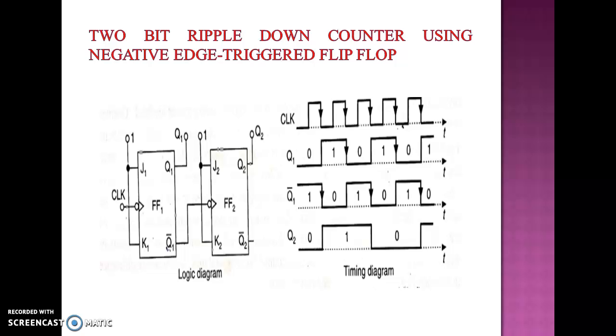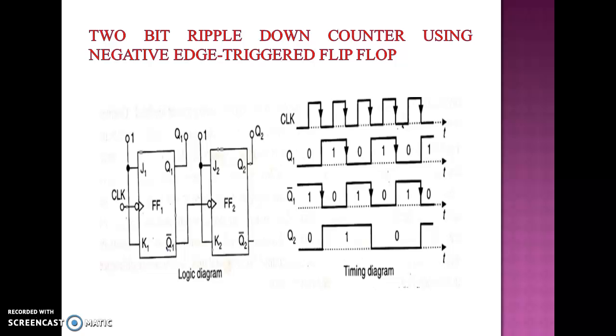The negative going signal at Q1 bar is applied to the clock input of flip-flop 2, and therefore Q2 goes from 0 to 1. So after one clock pulse, Q2 equal to 1 and Q1 equal to 1. The state of the counter is 1 1.